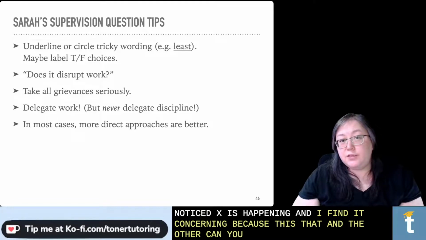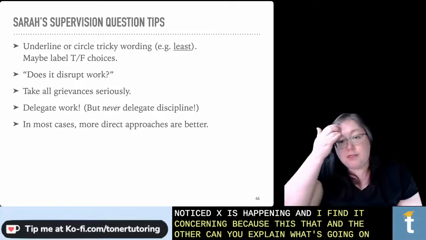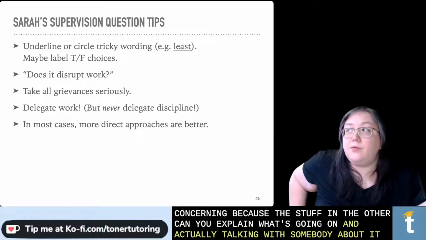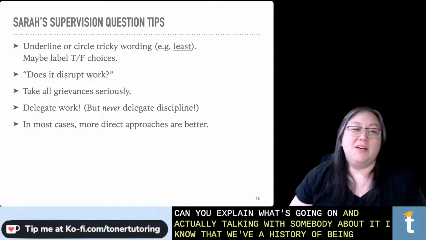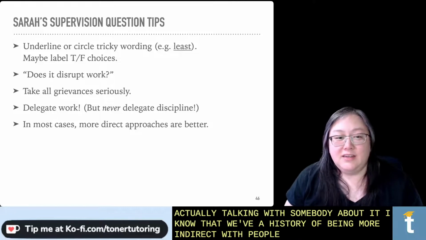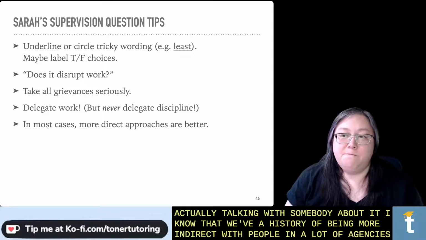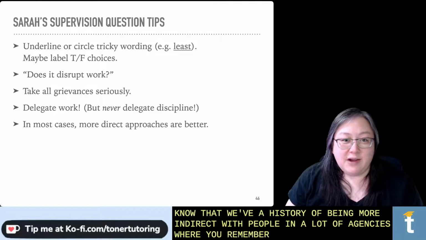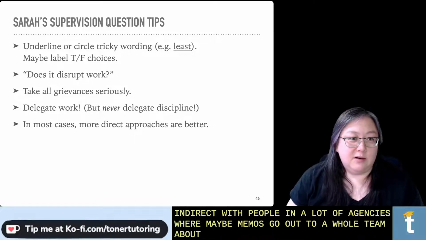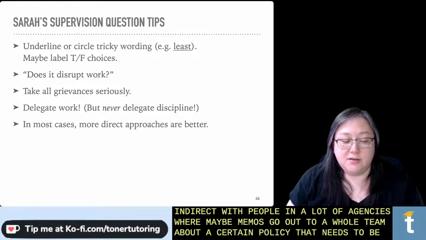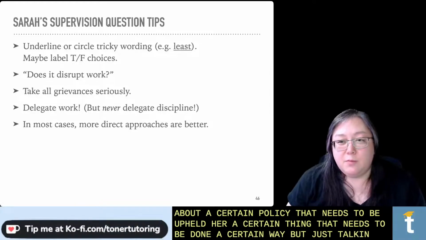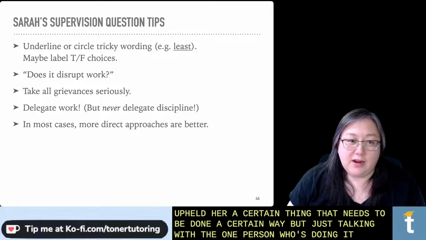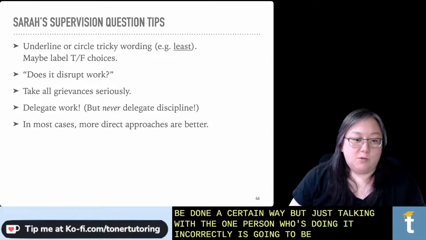Can you explain what's going on? And actually talking with somebody about it. I know that we have a history of being more indirect with people in a lot of agencies, where maybe memos go out to a whole team about a certain policy that needs to be upheld or a certain thing that needs to be done a certain way. But just talking with the one person who's doing it incorrectly is going to be much more effective.